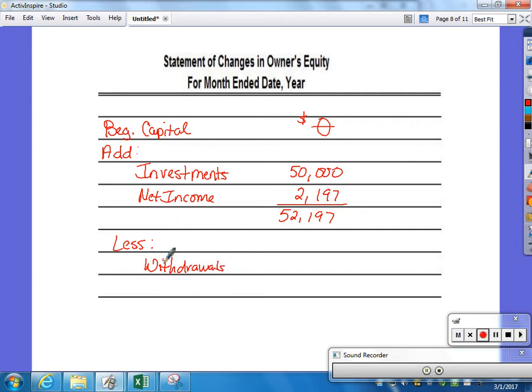How much is that? 1,500. So that means your ending capital amount is going to be what? 51,617. 50,697.